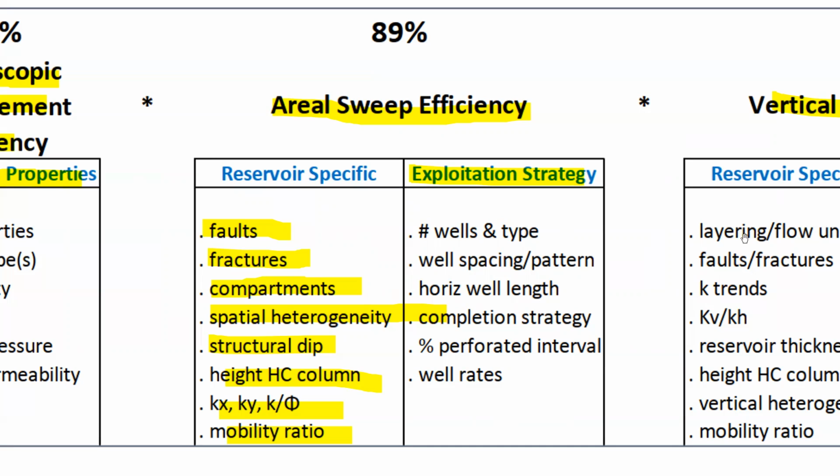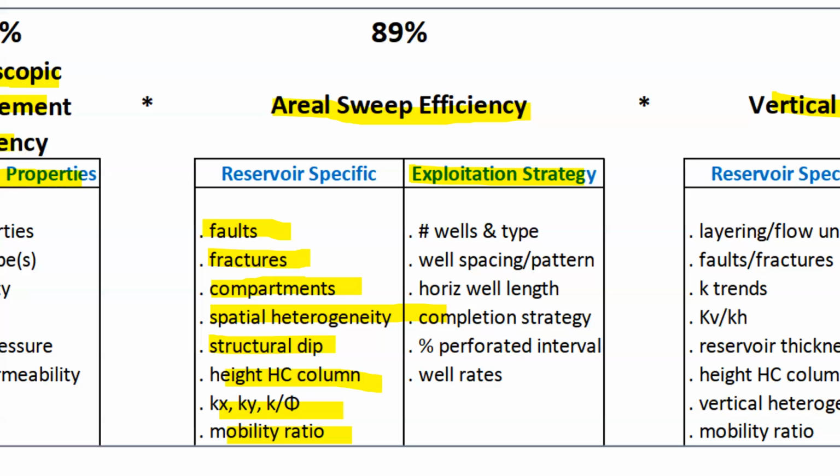And then the well spacing and the pattern. Maybe for your water flood reservoir, you can set the pattern in such a way that you will increase the areal sweep efficiency. Maybe pattern water flood, maybe irregular pattern water flood, maybe 5-spot, 9-spot, something like that.